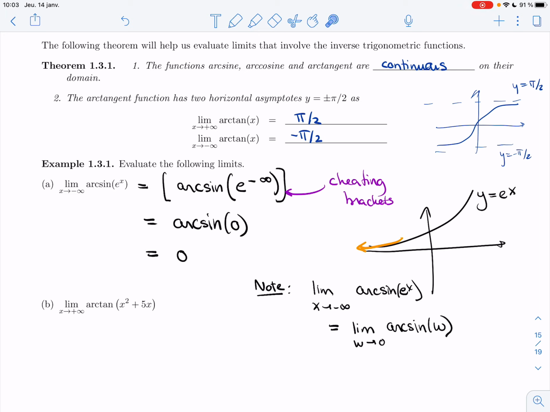And what we did here was just put the value in and say that was arcsine of 0. This step of putting the value of the limit inside uses continuity.